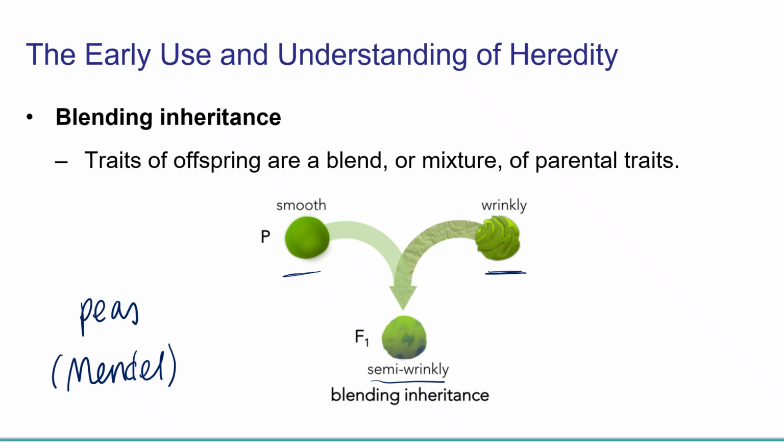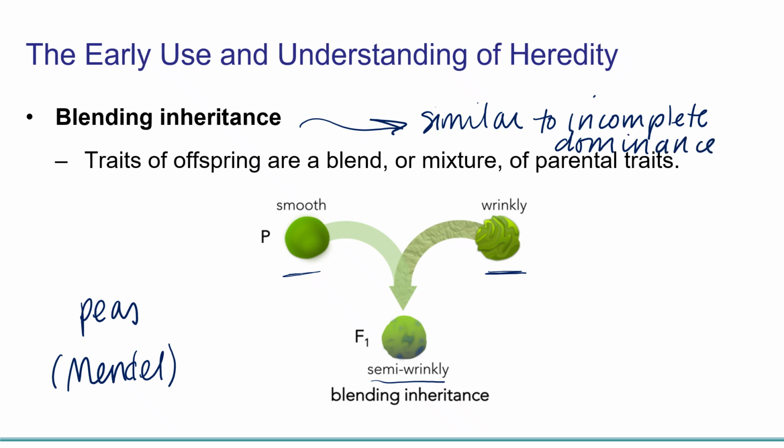That's kind of blending. We do see something similar to blending, and please don't get this mixed up. You might even be thinking about it right now. Not codominance, incomplete dominance. Incomplete dominance does appear to have a blending type appearance, and we'll get to that a little bit later.